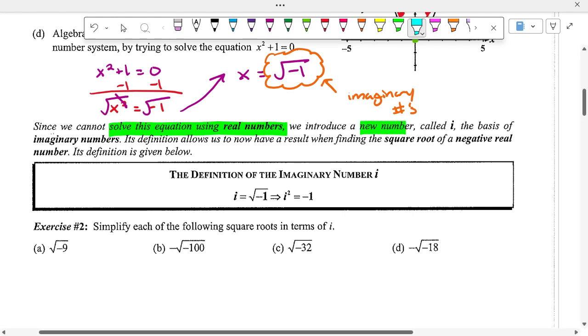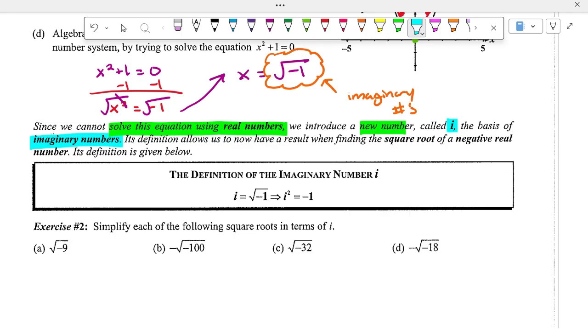This number is called i, and all i stands for is an imaginary number. Yes, there is a number based off of a letter. But mathematicians do not complicate our naming skills. Imaginary starts with an i, so we call an imaginary number i.